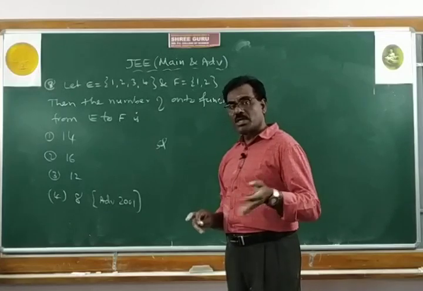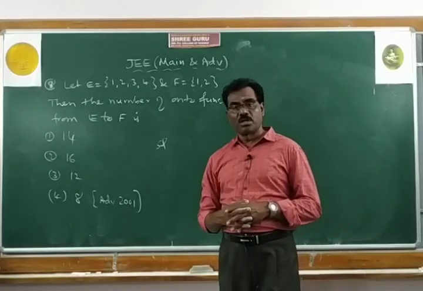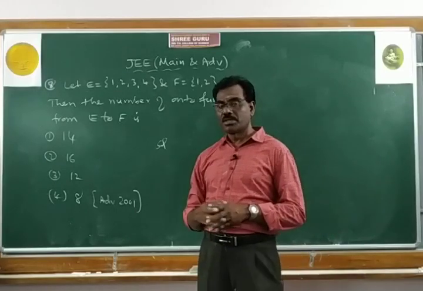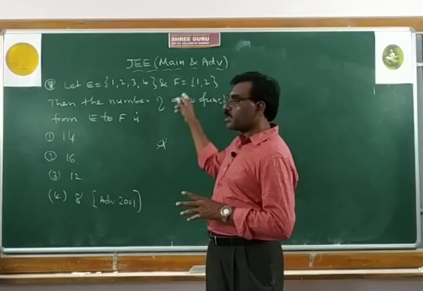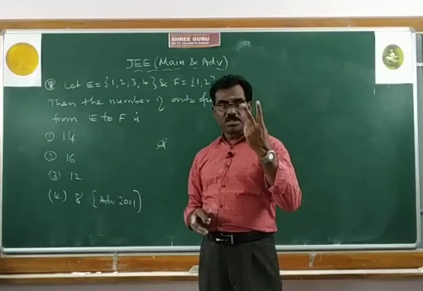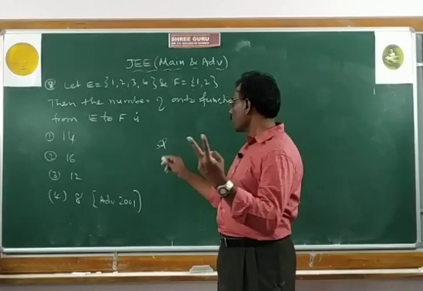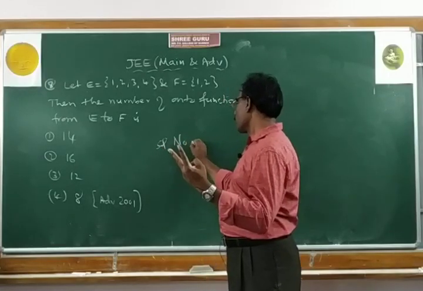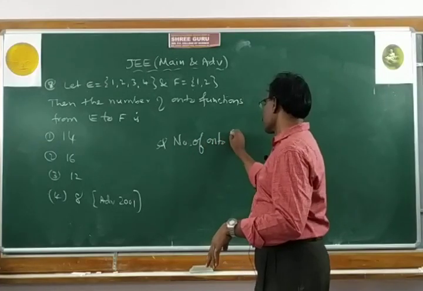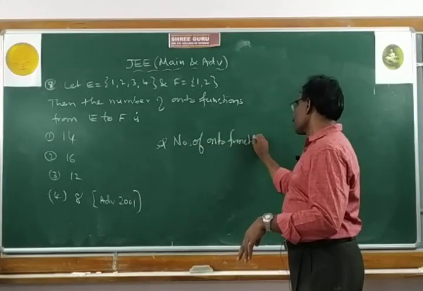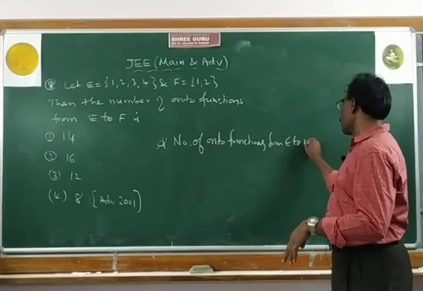I already gave that in the previous class: number of functions from set A to set B. Suppose the set B contains only 2 elements. Here F contains only 2 elements. So what is the number of onto functions from E to F?